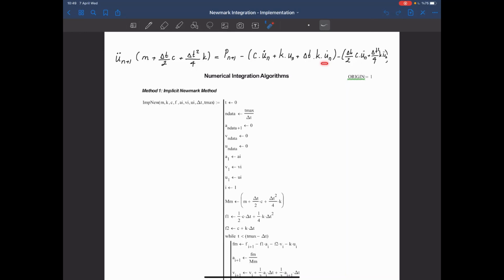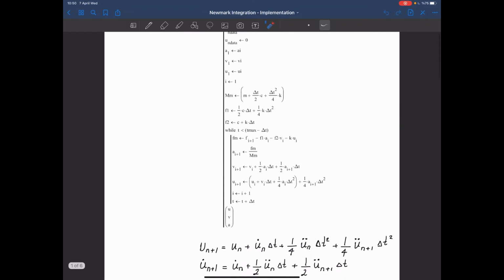These are the velocity dependent values, acceleration dependent values, and k times u. So at the initial step, they are all defined as an input, and I'm calculating the force vector for the current time step, and by dividing the force vector by the new mass matrix, I'm calculating the acceleration for the next time step, for the i+1 time step.